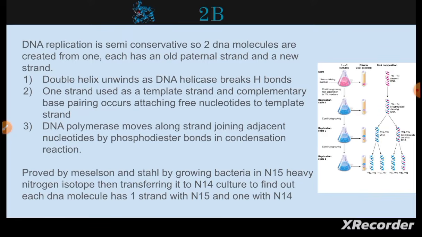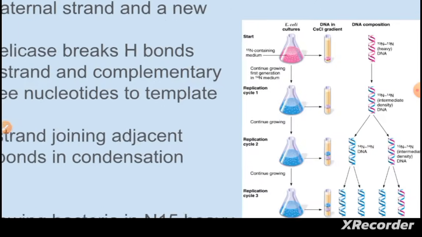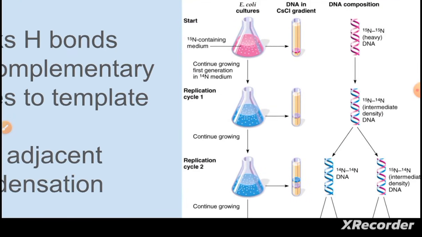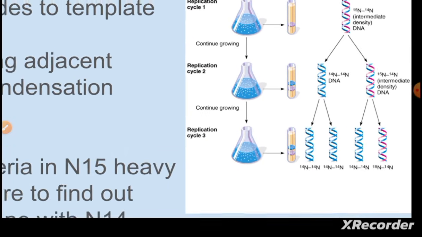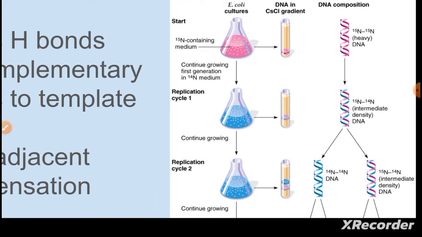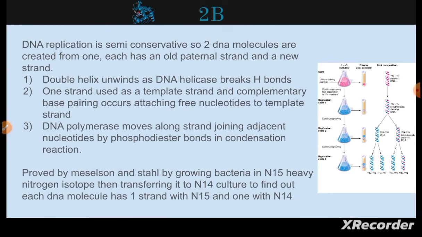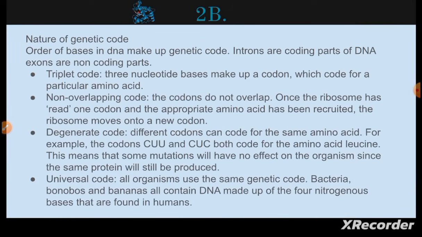Then they transferred it to an N14 culture, which is the normal light nitrogen, to find out that each DNA molecule has one strand with N15 and one strand with N14. So here we're showing the experiment, because they looked at each one, and each one has one N15, one N14. It means that when it was replicating, it used one old strand and generated one new strand.